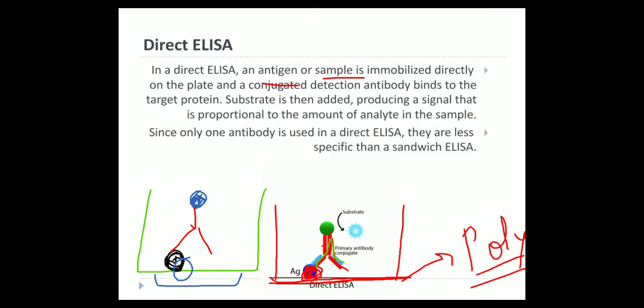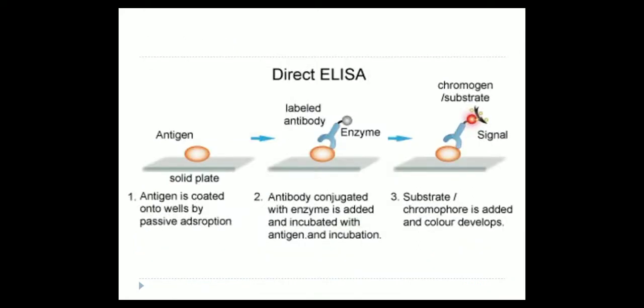Okay guys, so this is the procedure of direct ELISA. Let's know it in a bit more detail. Here you can see antigen is coated onto wells by passive adsorption, on the base of the well.